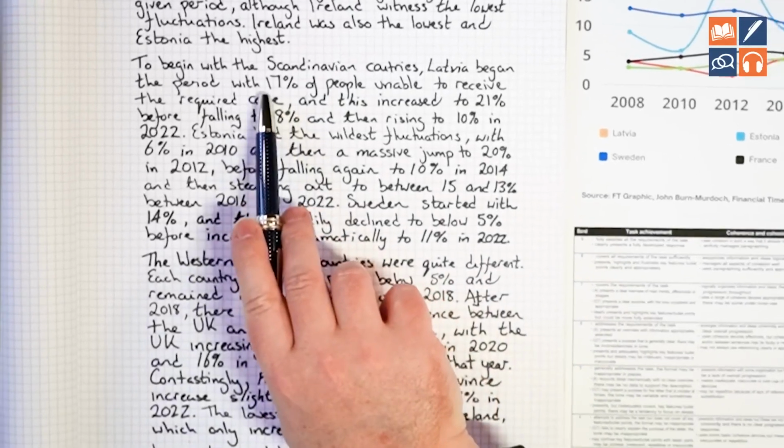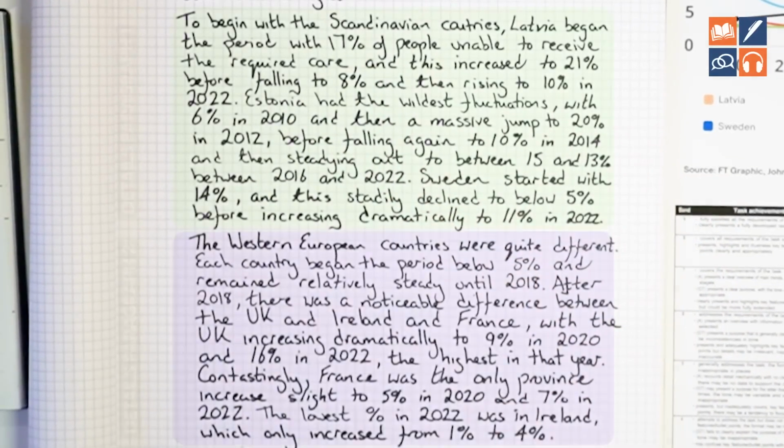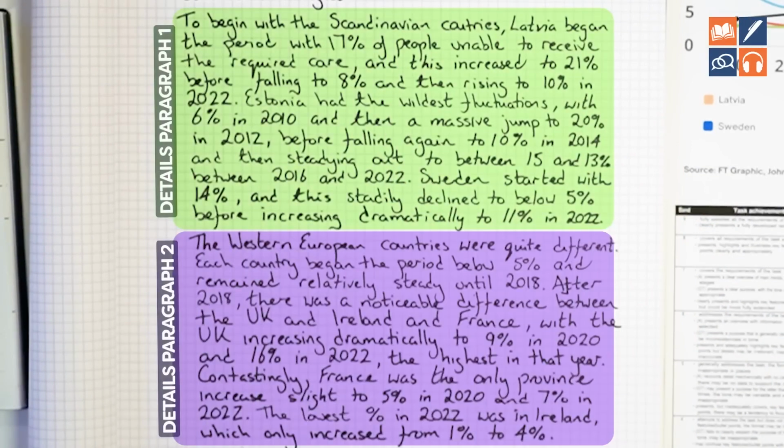So the first big mistake that we can see in this report is they have just written about everything. That's not actually what the question asks you to do. The question asks you to select key features and to write about them. It doesn't ask you to write about everything. And this not only will lower your score for task 1, it will also lower your score for task 2.